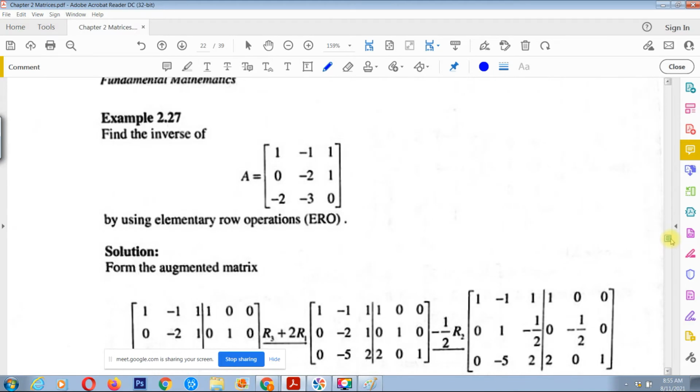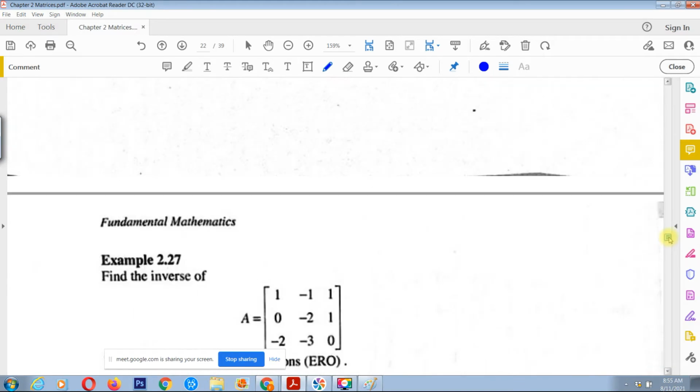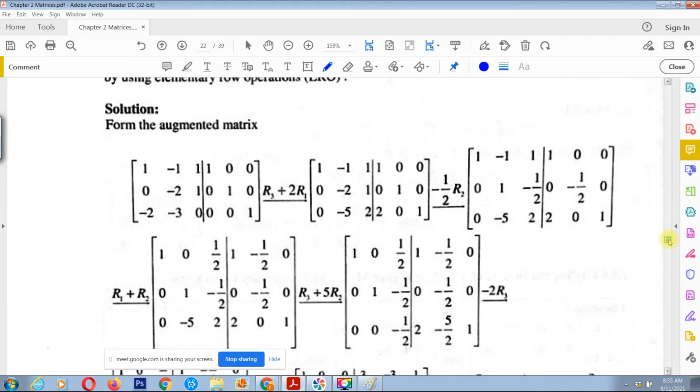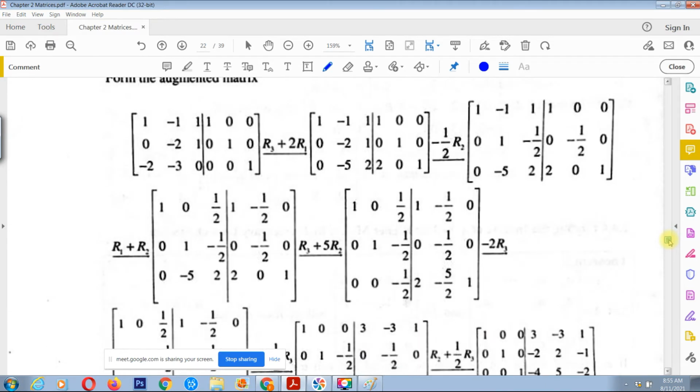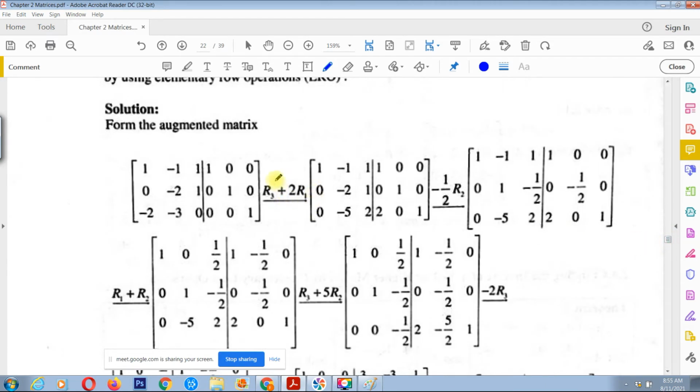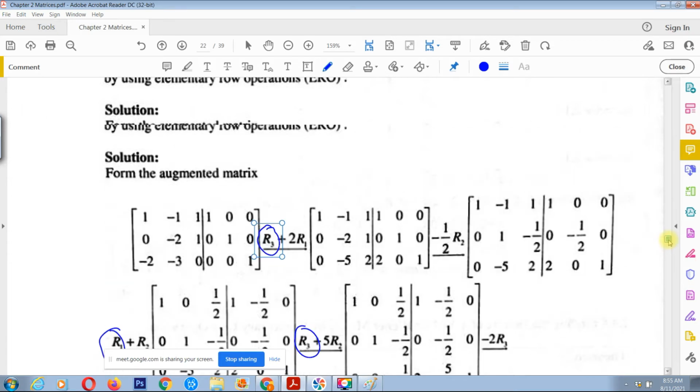By caution, you should put the first term here with nothing, and then if you want to add, multiply or whatsoever, is the next term. The first term stands alone, the first row, and then we make the operation. That's the best method.